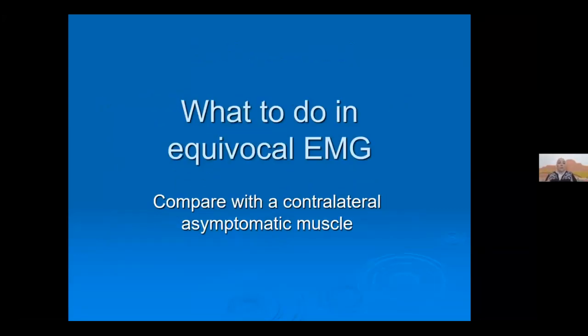What is the solution if I have an equivocal EMG? I do it and I call my colleagues to take a look, and it's equivocal, I'm not sure. It's of value to compare with a contralateral asymptomatic muscle, especially if the patient is old.